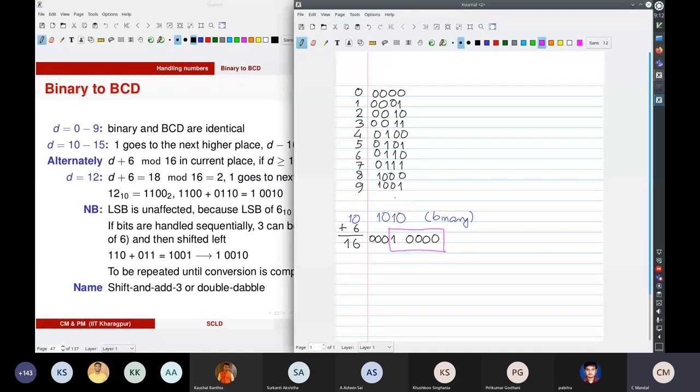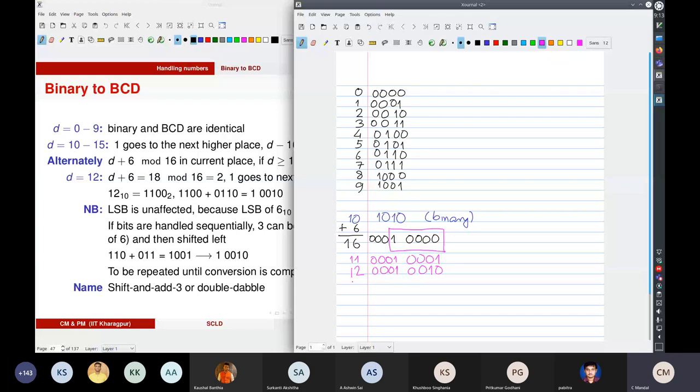You find that it works for 11 also. If you take 11 and you add 6 to this, then you again get the corresponding BCD. And if you take 12, then again you add 6, you again get the BCD for 12, right?